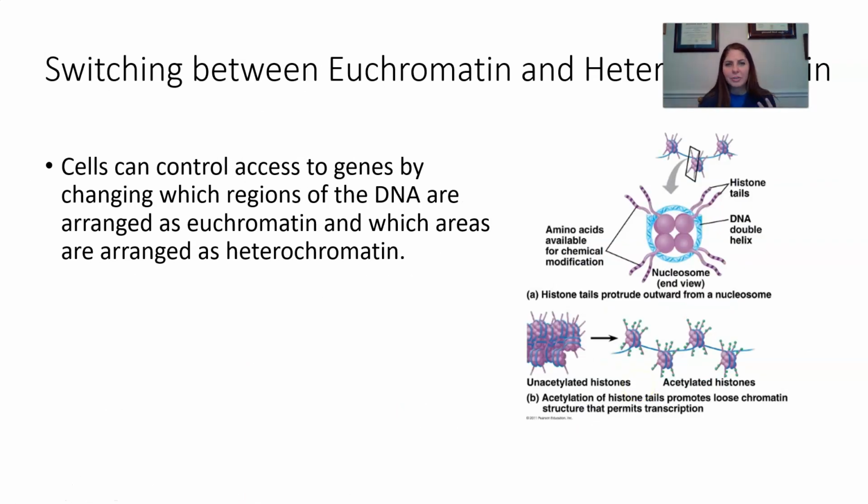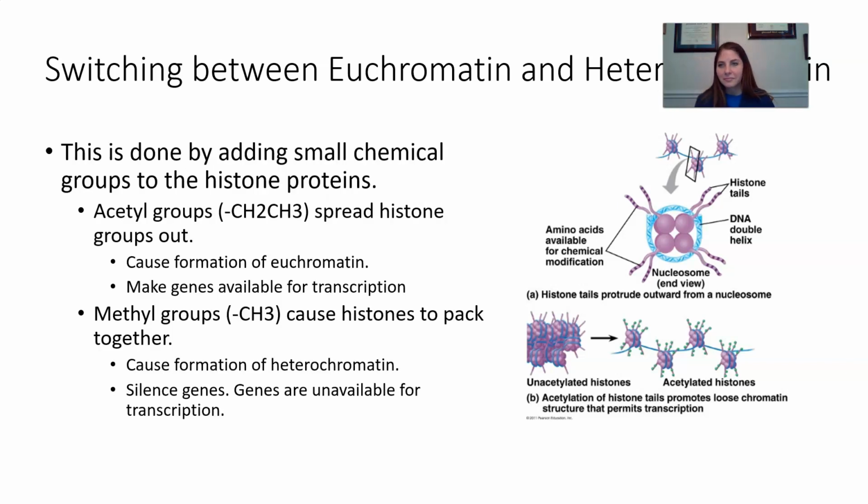So switching between euchromatin and heterochromatin allows cells to control access to genes by changing which regions of the DNA are arranged as either euchromatin, meaning they can be transcribed, or heterochromatin, meaning they're tightly coiled around those histone proteins and cannot be transcribed or upregulated. This is done by adding small chemical groups to the histone proteins.